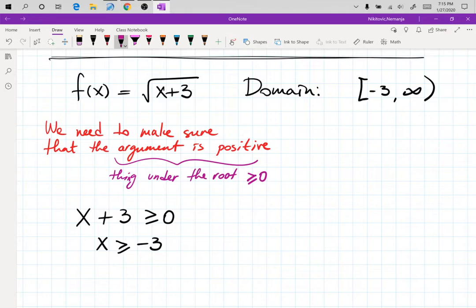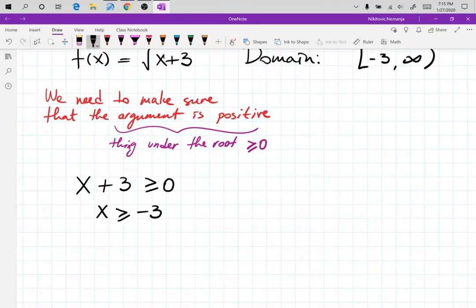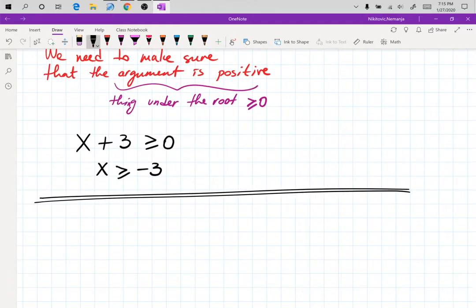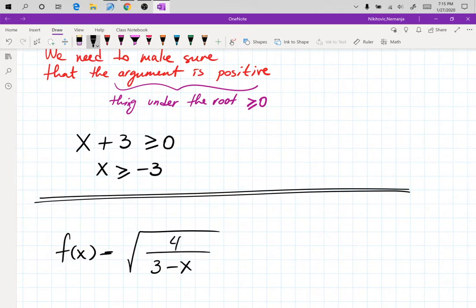So now, if you have any kind of example, like let's say f of x is equal to the square root of 4 divided by, I don't know, 3 minus x. And you are looking for the domain.